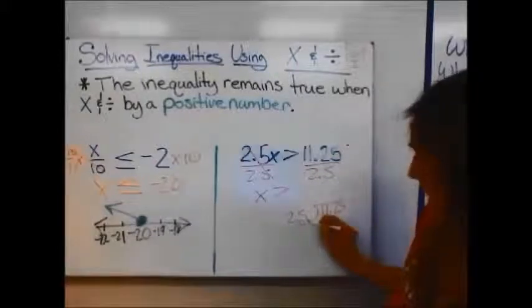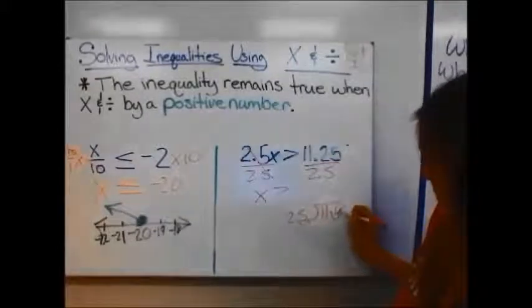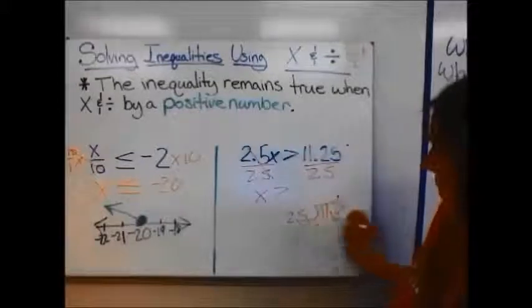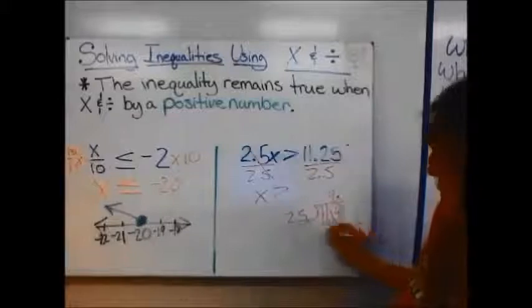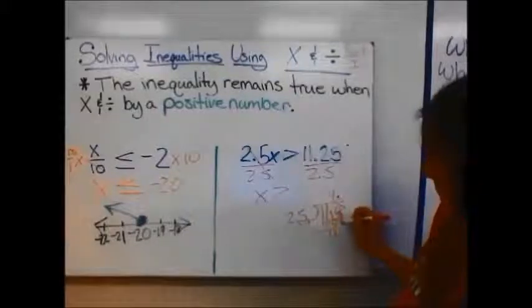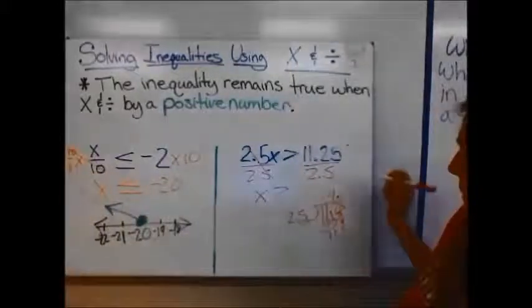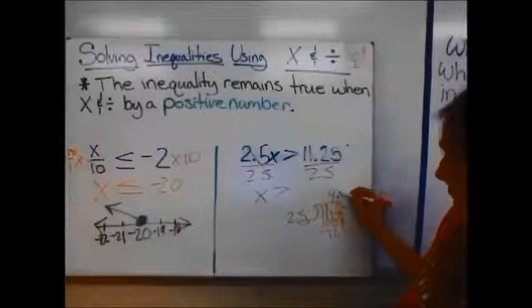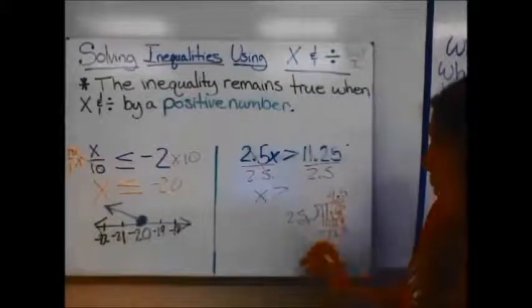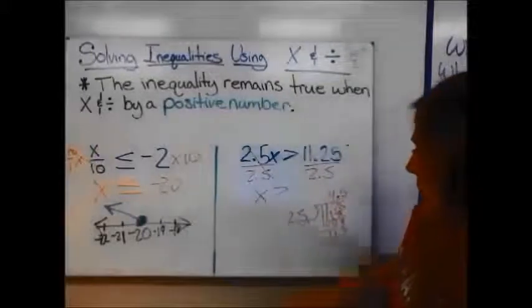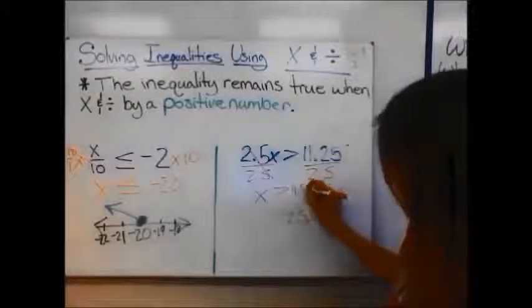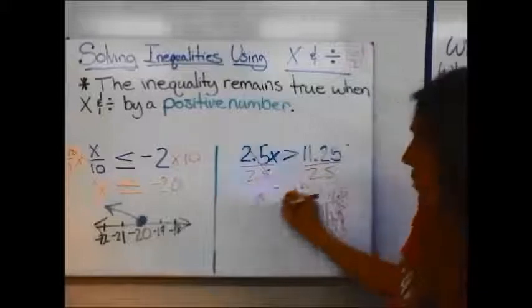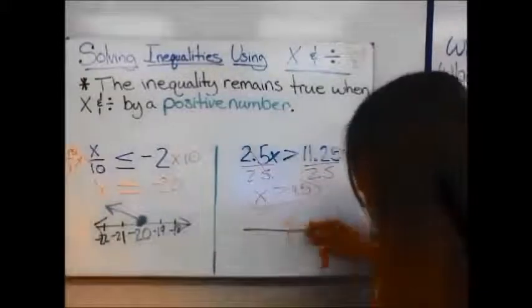I need to move my decimal over. 25 into 112 goes 4 times. 4 times 25 is 100. I get 12, bring down my 5. 25 into 125 goes 5 times, and 5 times 25 is 125, so that's my answer. So I get 4.5. So x is greater than 4.5.